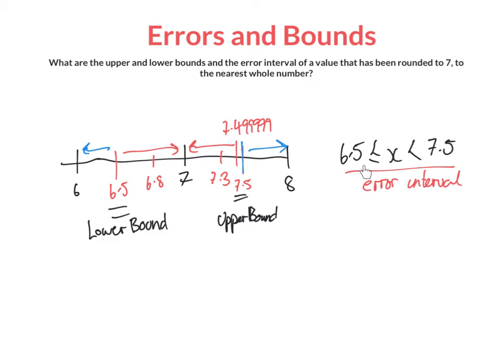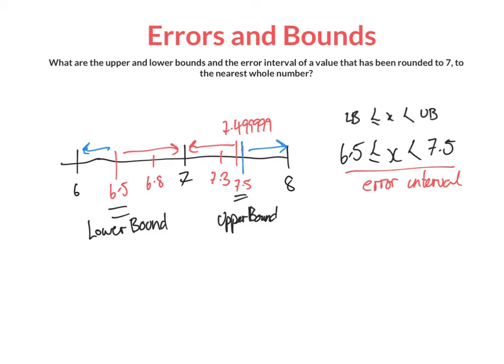And if we want to write that as an interval, we can write it as an inequality, where the bottom one is always included and the top one isn't. We simply put the lower bound is less than or equal to x, which is strictly less than the upper bound. That's all we're doing: finding the biggest and lowest values that could fit.